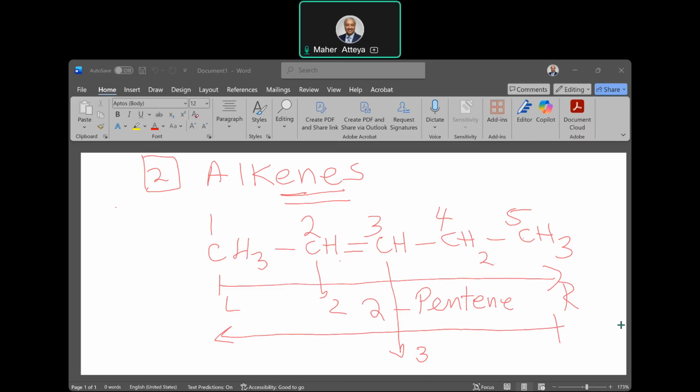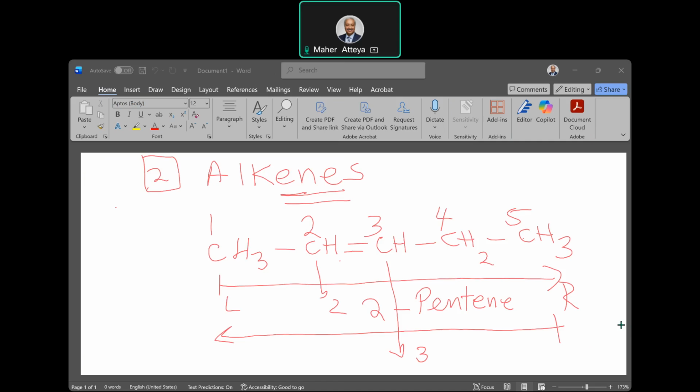And you can add to this some functional groups. Those functional groups can be methyl, ethyl, chloro, bromo, whatever, but it will follow the same rules of the alkanes.